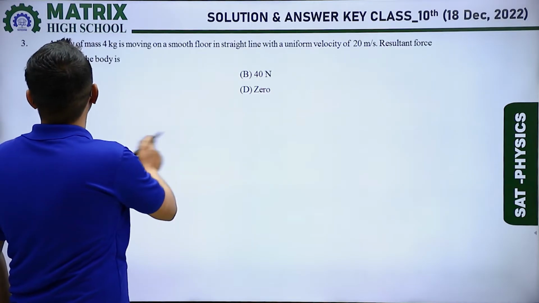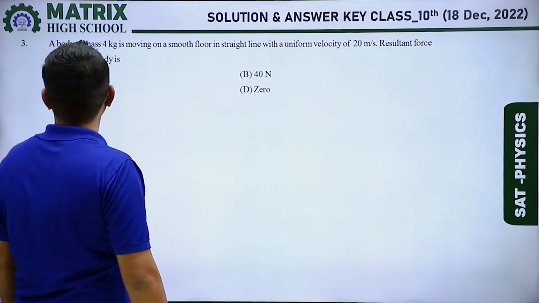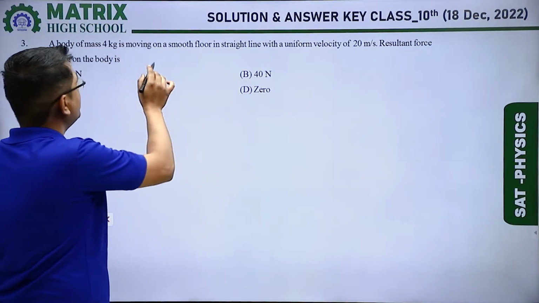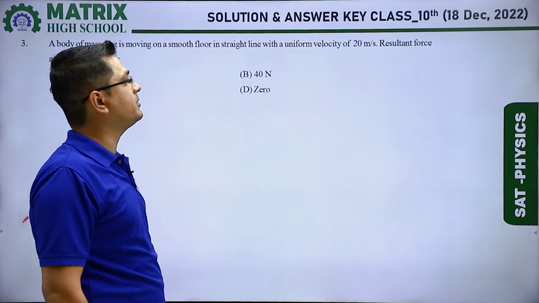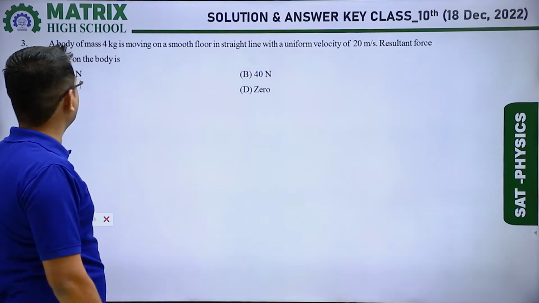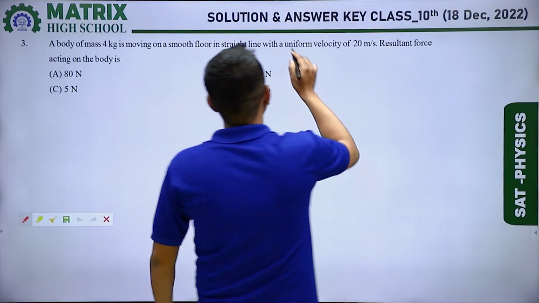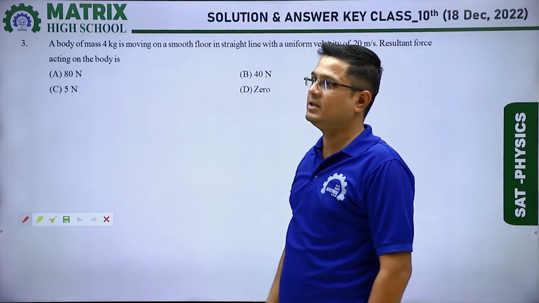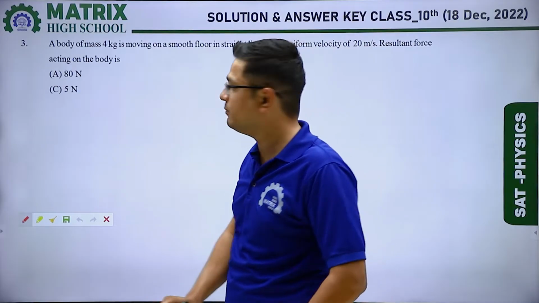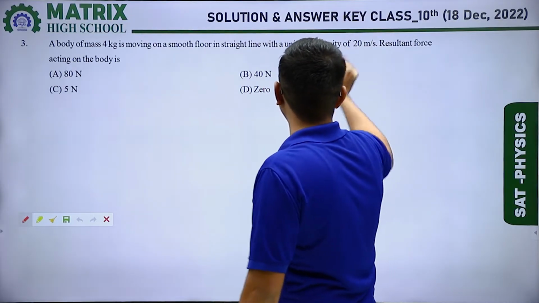Next is question number 3. A body of 4 kg is moving on a smooth floor in a straight line with a uniform velocity of 20 meter per second. The resultant force acting on the body is? As given, the body is moving on a smooth floor, so there is no friction force, and it is moving with uniform velocity.